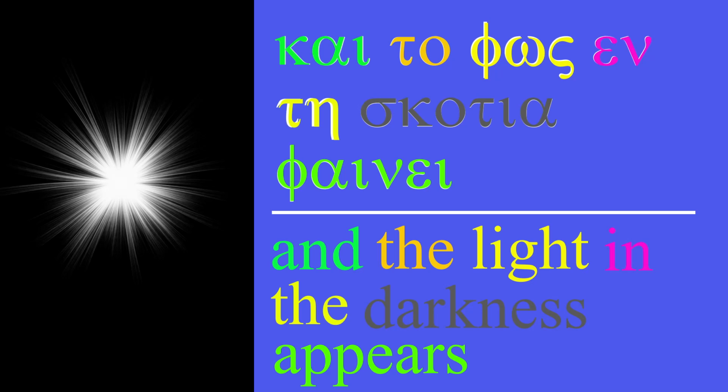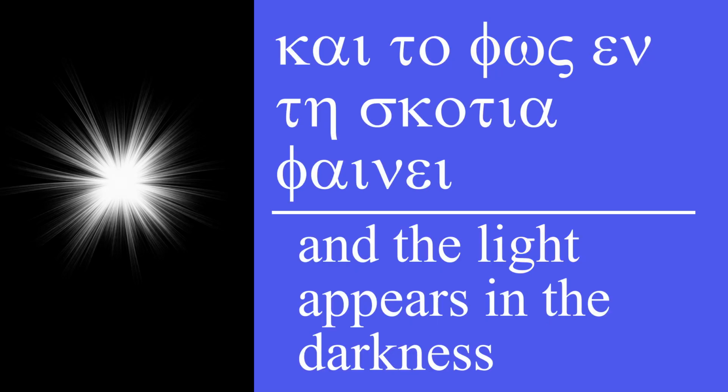Literally, and the light in the darkness appears, or more colloquially, the light appears in the darkness. In Greek, the verb can really appear anywhere in the sentence, whereas in English, we have more fixed rules about verb order.